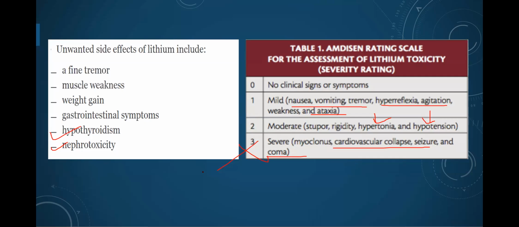But if the lithium level is more than 4, even if the patient is not symptomatic, that patient is a serious lithium toxicity patient. What is the management for that patient, guys?